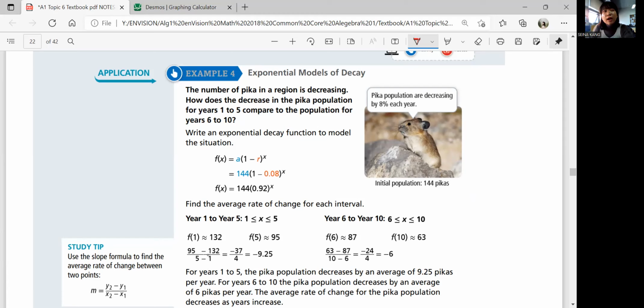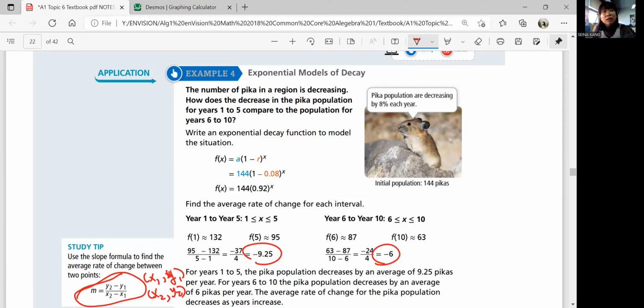So where is this slope coming from? Remember your slope equation, y sub 2 minus y sub 1 over x sub 2 minus x sub 1, where the first point is x sub 1 and y sub 1, and your second point is x sub 2 and y sub 2. So use the slope formula to figure out your slope.